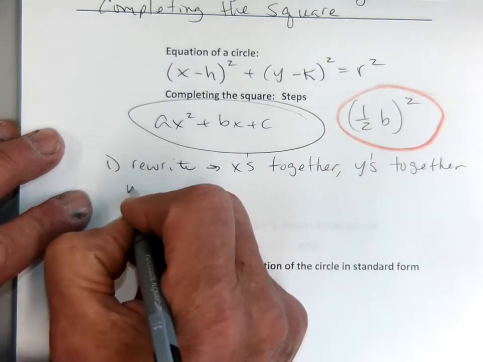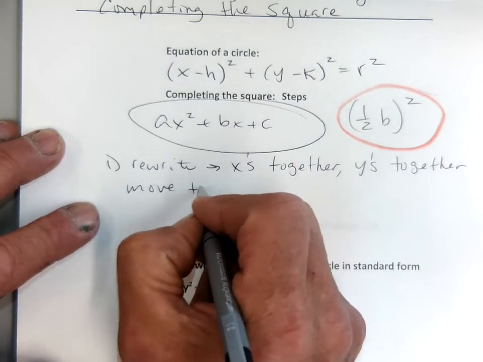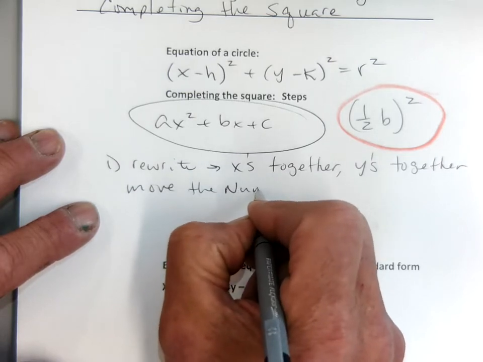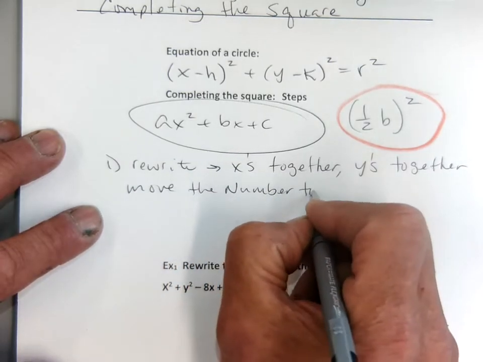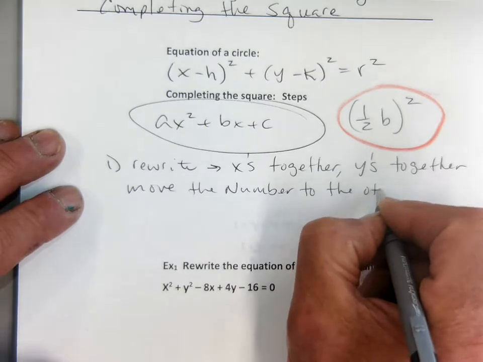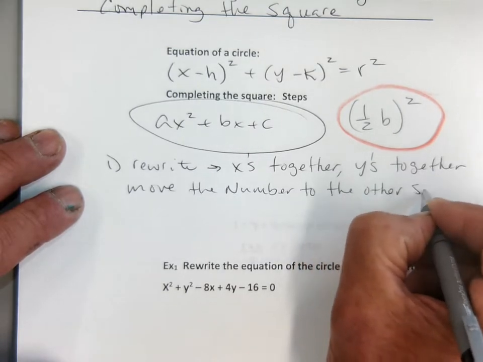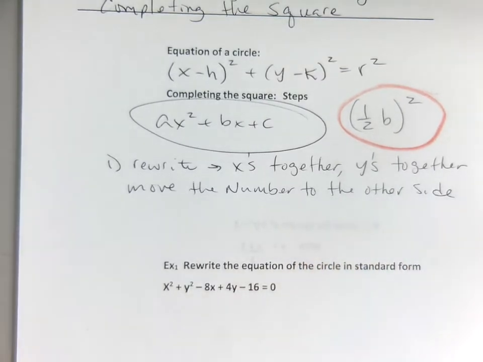And we'll move the numbers to the other side, okay? So we want to put x's together, y's together, and we'll move the number to the other side.